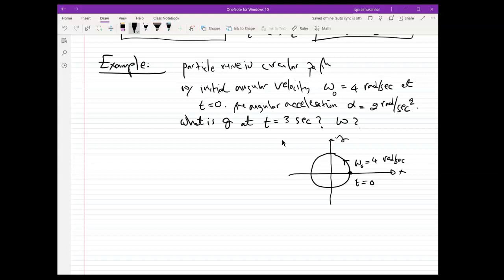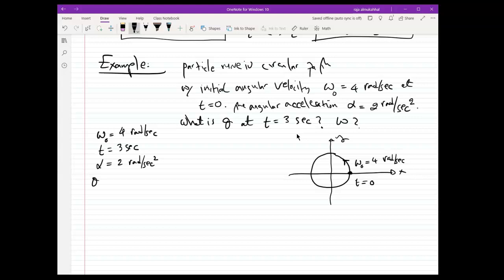So how do we do it? Well, one way to do that is to use kinematics. So what's given to us? Let's write down what's given to us. Well, omega naught is equal to 4 radians per second. He wants the theta at t equals 3 seconds. The angular acceleration alpha is given to us, 2 radians per second squared.